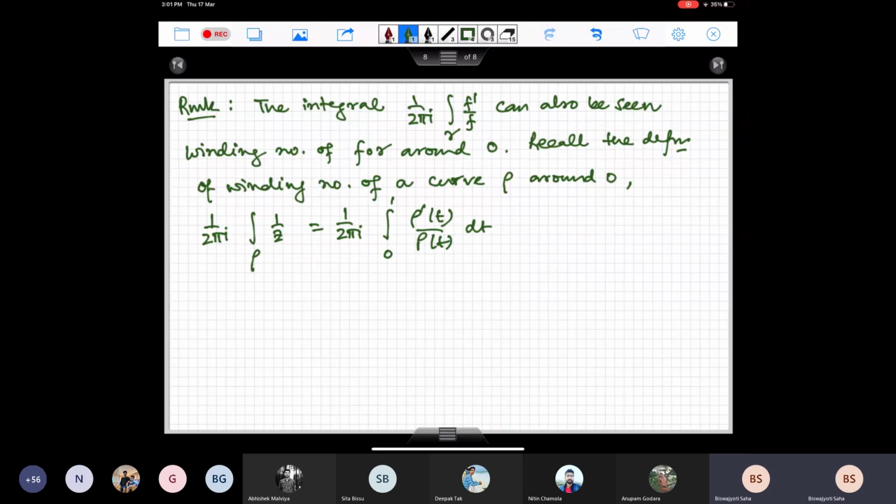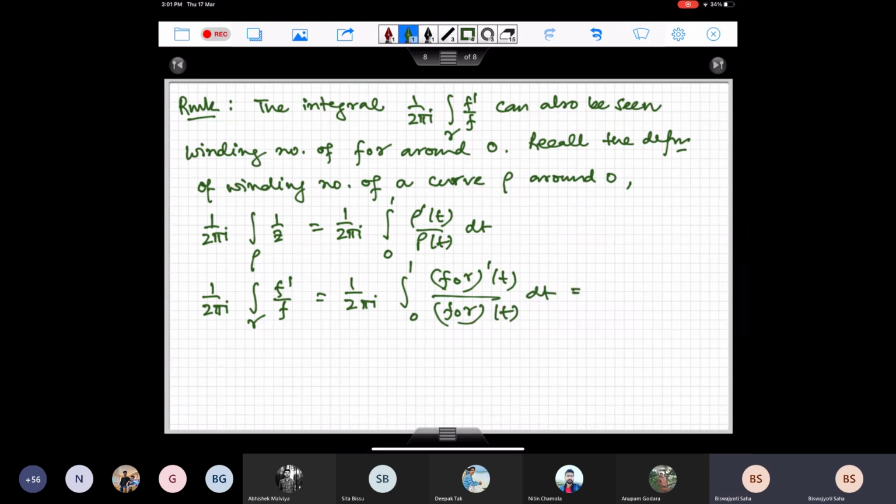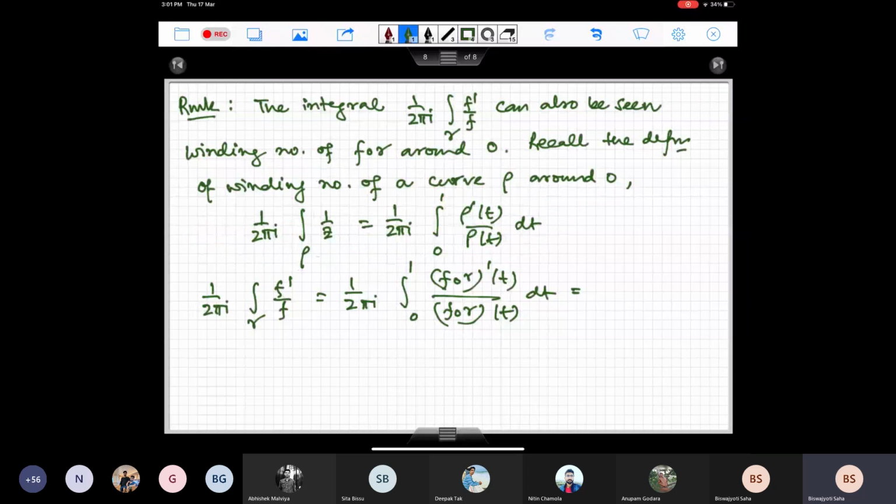So now we have just seen that 1 upon 2 pi i integral over gamma of f prime upon f is nothing but 1 upon 2 pi i integral from 0 to 1 of (f composed gamma) prime t divided by f composed gamma t dt, and n of rho around 0 is defined by this. So this is therefore nothing but n of f composed gamma around 0. Absolutely.